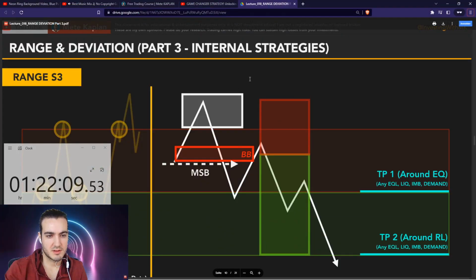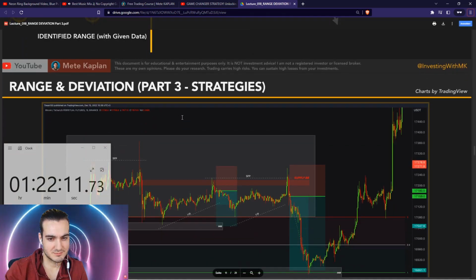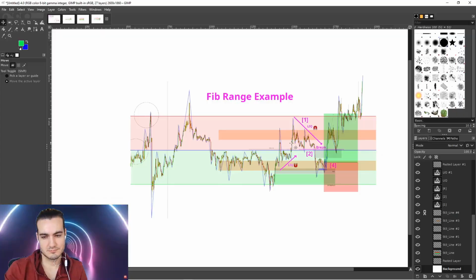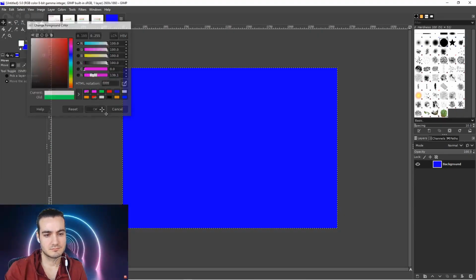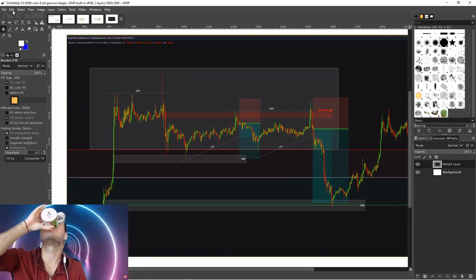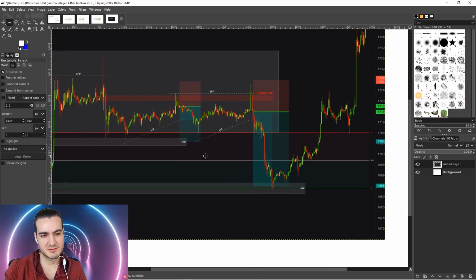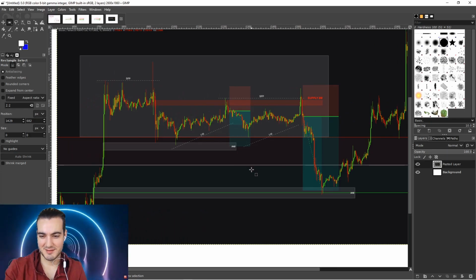Okay, so now we'll mark up the breaker block example. Where the hell is the range?